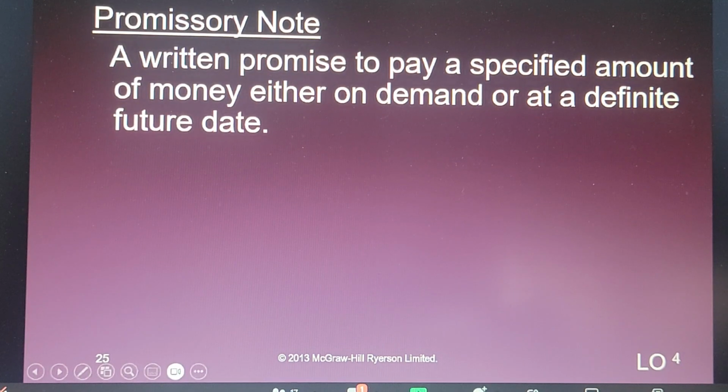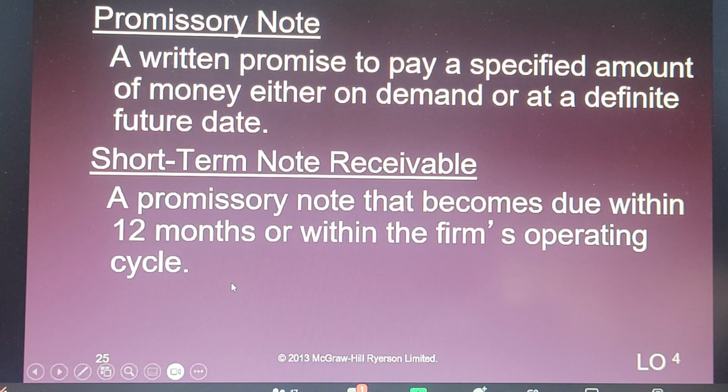Okay, so promissory note, written promise to pay a specific amount of money, either on demand or definite future date. Okay, the short-term note receivable, promissory note that becomes due within 12 months. That's why it's called short-term. Remember, like when we classified the assets, we have current assets, we have fixed assets.